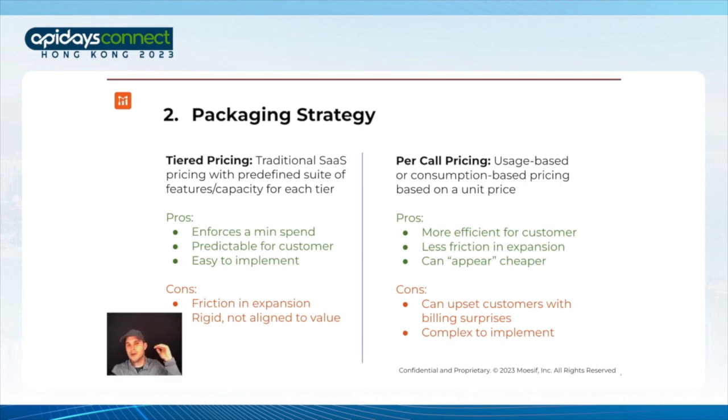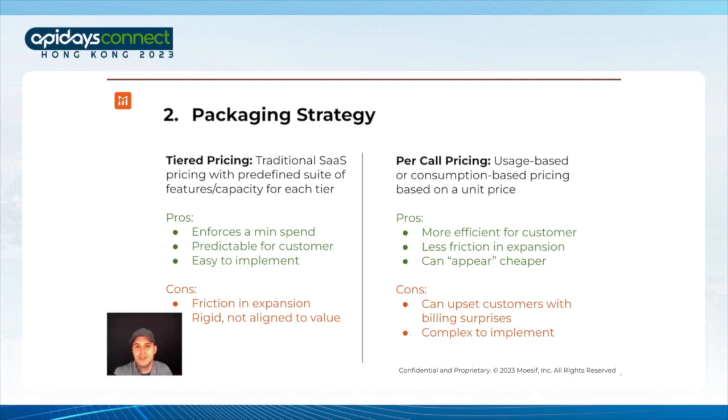So if your plan started at $100, you know that customer has to spend a minimum of $100. With per call pricing, if you're only charging, let's say, $1 per call because it's a really high value API, they would have to do 100 calls to match that first. So it could be a great way to get some initial revenue there.